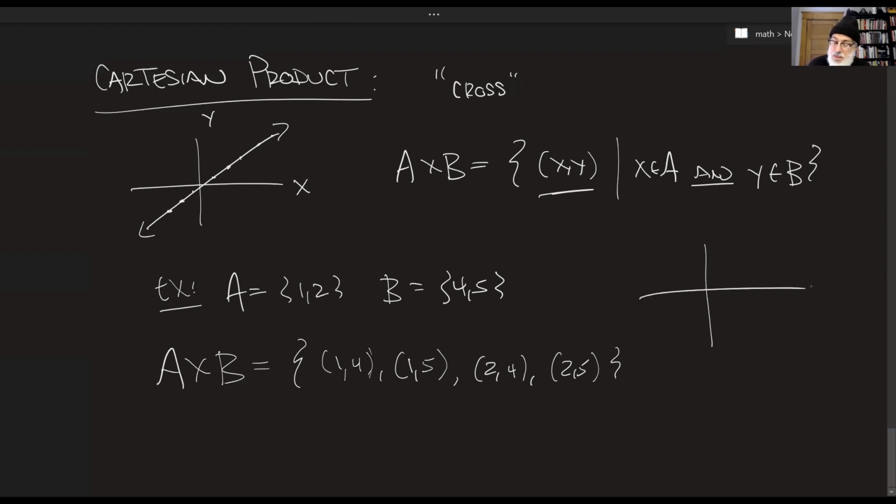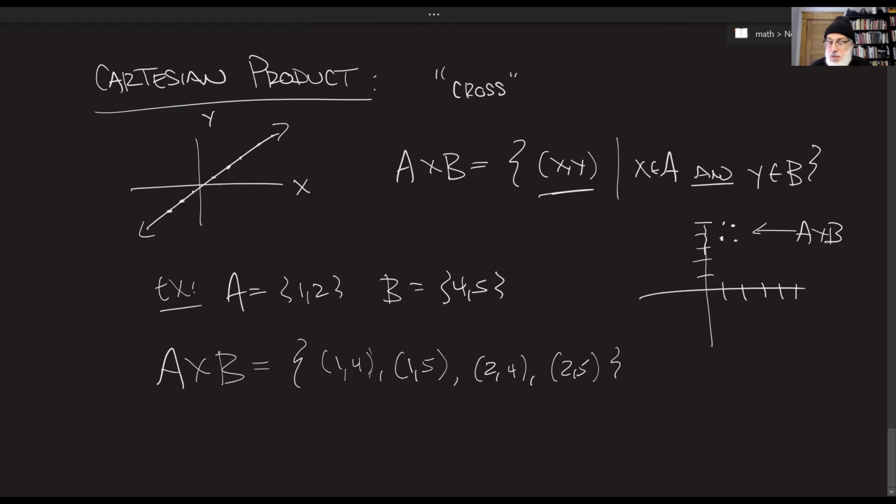Now, this graph isn't going to be that accurate, but if I were to graph this, I would have, say, 1, 2, 3, 4, 5. 2, 3, 4, 5. So 1, 4, 1, 5. And then 2, 4, and 2, 5 would be this. So this here is A cross B, given my example.